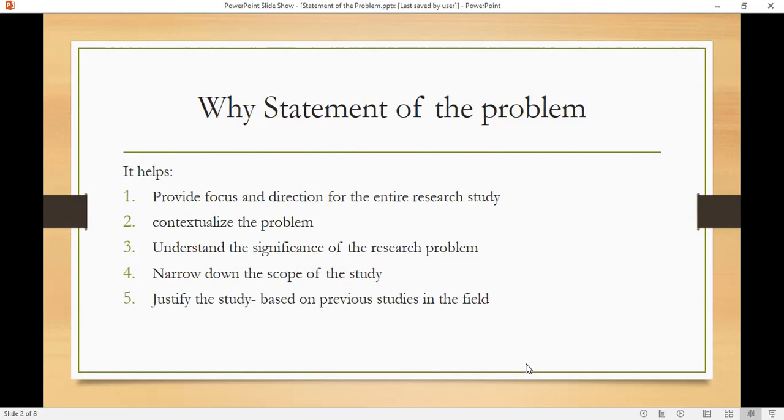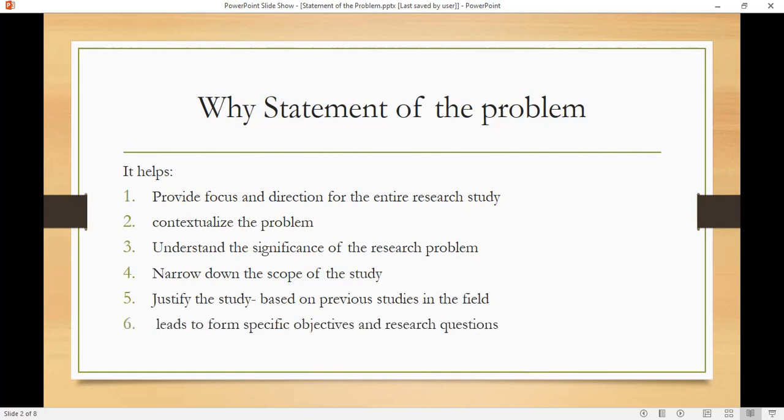It also helps justify the study based on previous studies in the field. Quite often, the researcher justifies the area of the study with already conducted research. We will discuss it further in types of a statement of the problem.